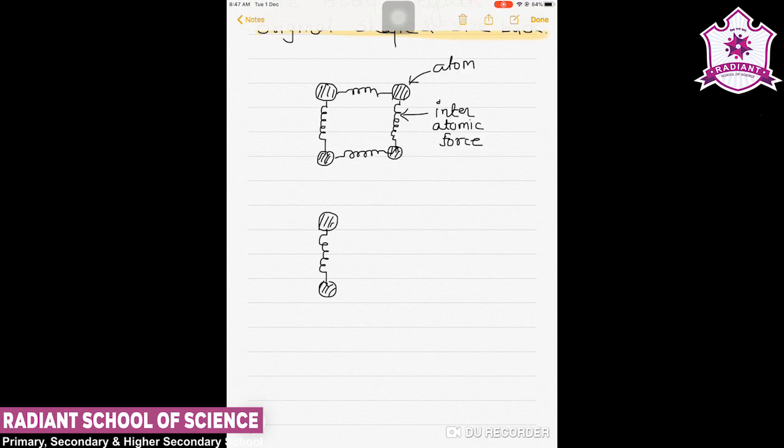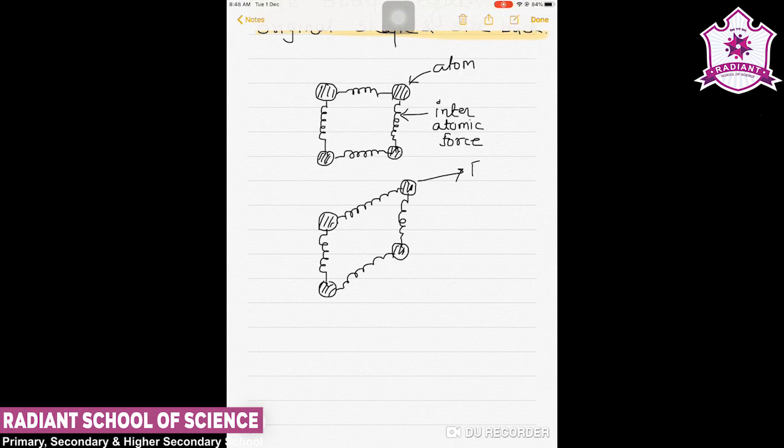Suppose we apply some external force on this atom to pull it, then it will be stretched.